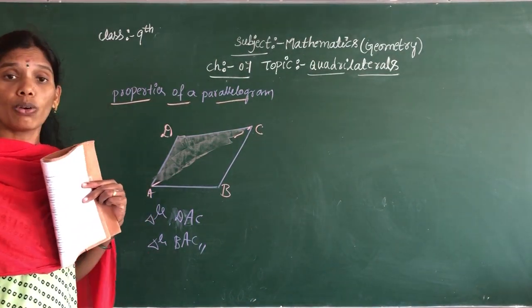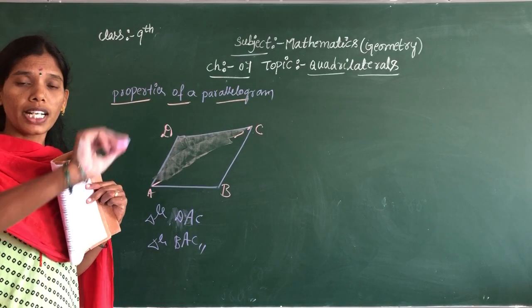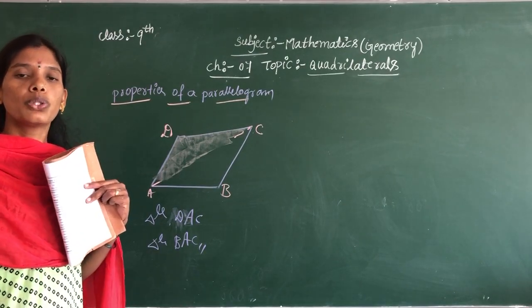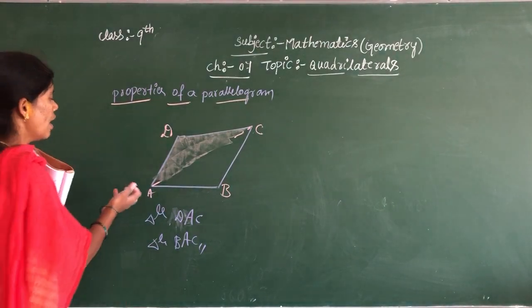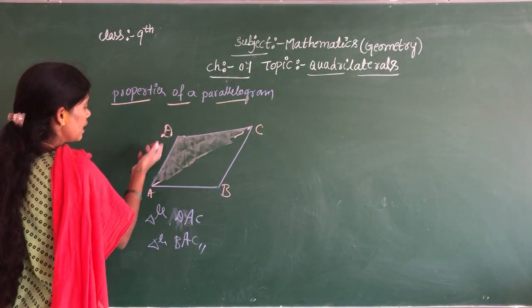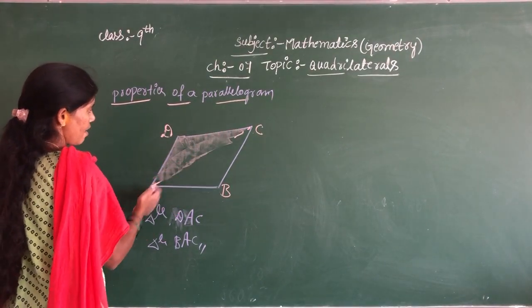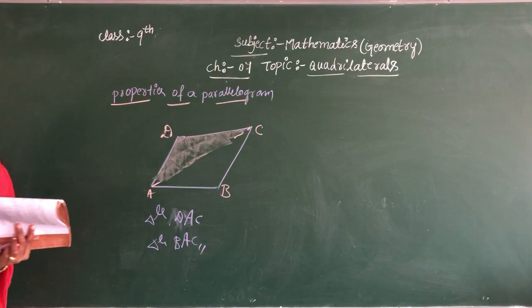If you take any quadrilateral and cut one diagonal, you get two triangles, DAC and BAC. Okay children, have you got this one?